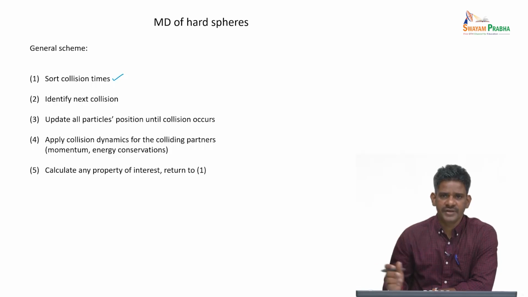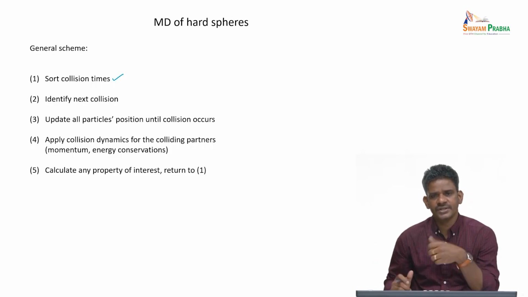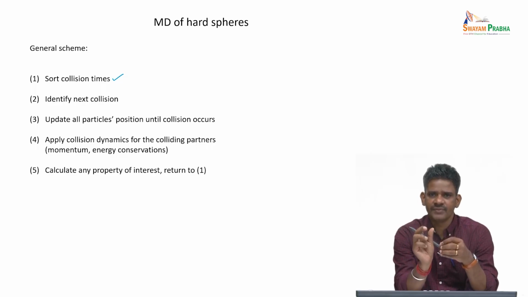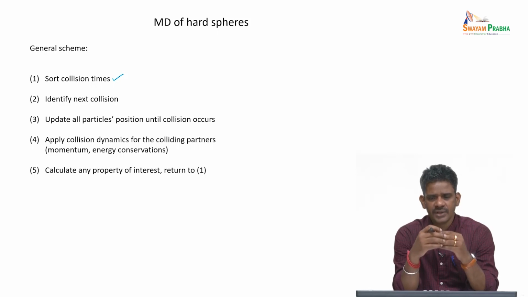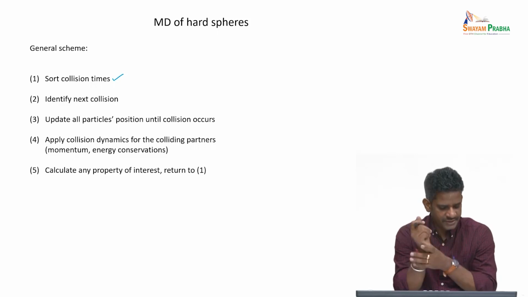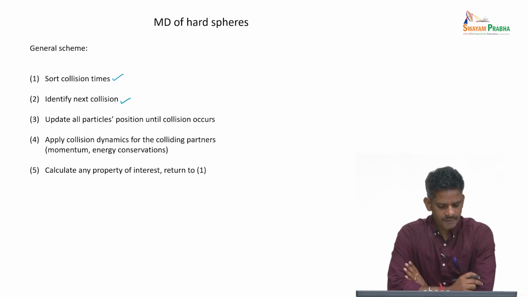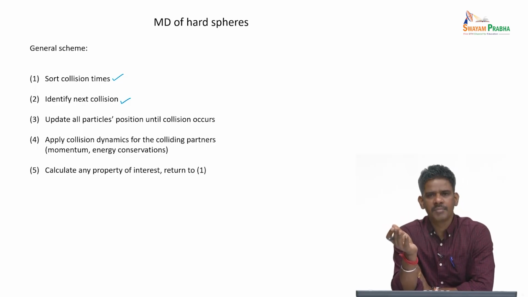Some will have very long times because they may be going in different directions, while some of them may be very close to each other and moving towards each other, so the collision time will be very small. So, you sort the values of collision times between different pairs in the entire system. Then we identify the next pairs that are going to collide.